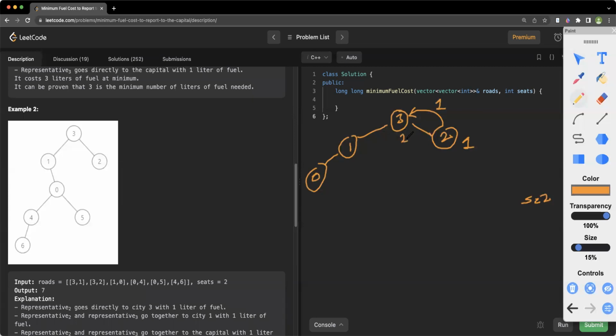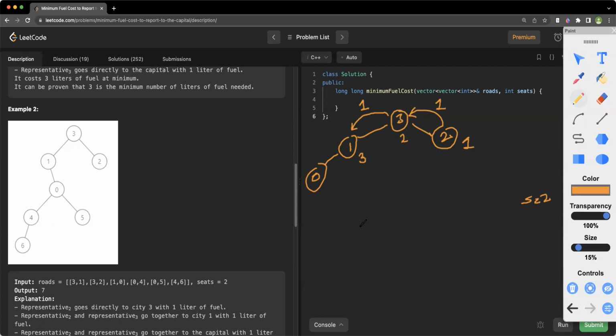At 3 we have 2 representatives. Both of them can fit in one car, so the cost of getting from 3 to 1 is 1. And at 1, we have 2 representatives coming from 3 and 1 representative at 1. So the total number of representatives is 3, and since 3 cannot fit in one car, we require 2 cars.